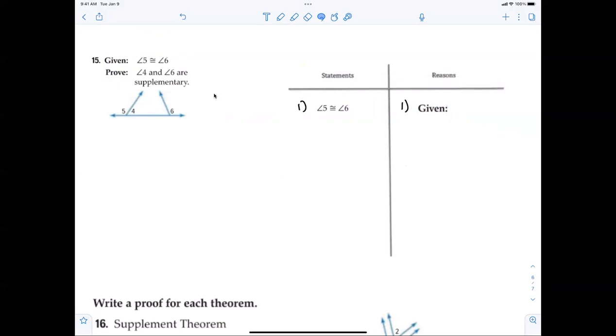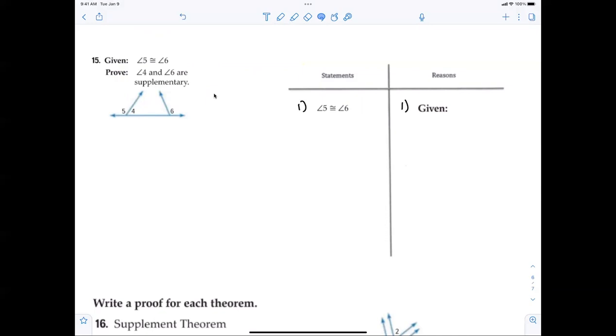I think you have to tell me something first about angles 4 and 5, right? Why though? Well, here's what I want you to do. I need you to say angle 4 and angle 5 are linear pairs. Everybody with me on that? Angle 4 and 5 are linear pairs.